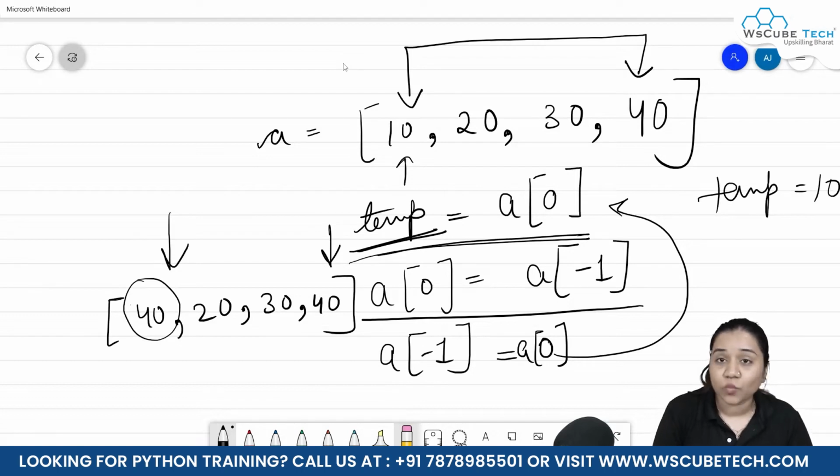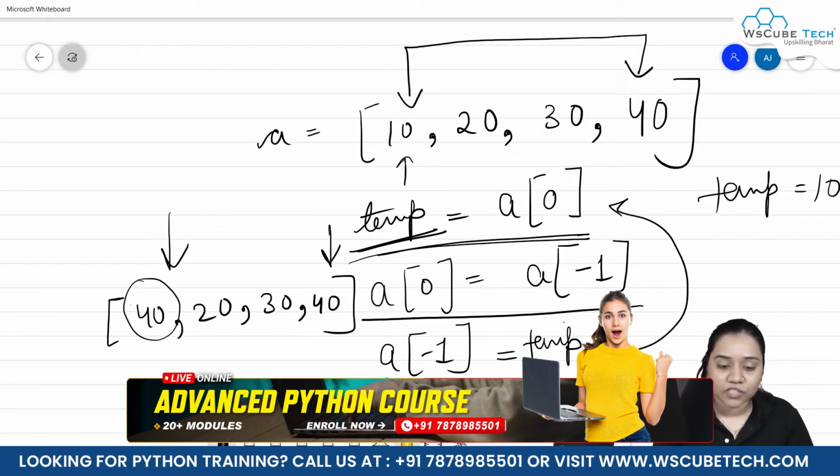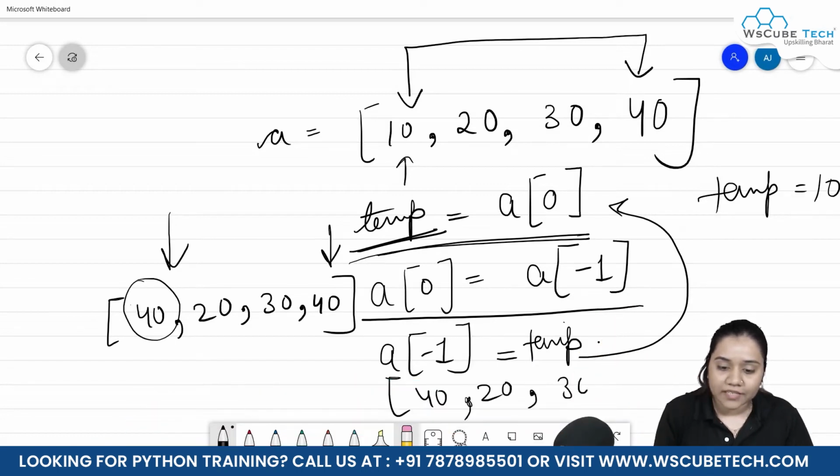That's why we use this temporary variable. Instead of writing A of 0, we write the temporary variable, which gives us a list that looks like this: 40, 20, 30 and 10. So this is a small example.